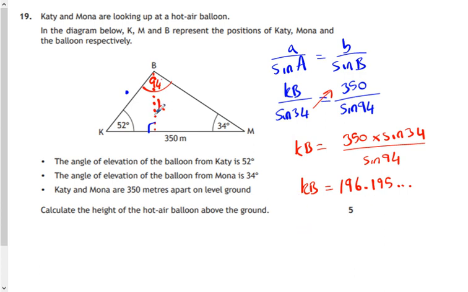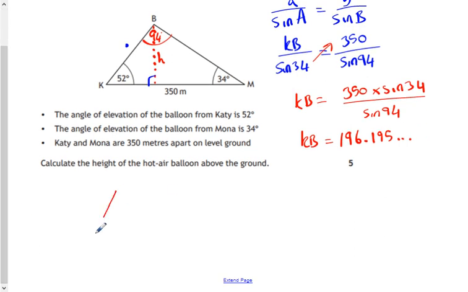And now we can calculate the height. So what we have is a nice right angle triangle here, where we know that this angle is 52. We've got our right angle. We want the height here, and we know this is our KB. So I've got my opposite and I've got my hypotenuse.